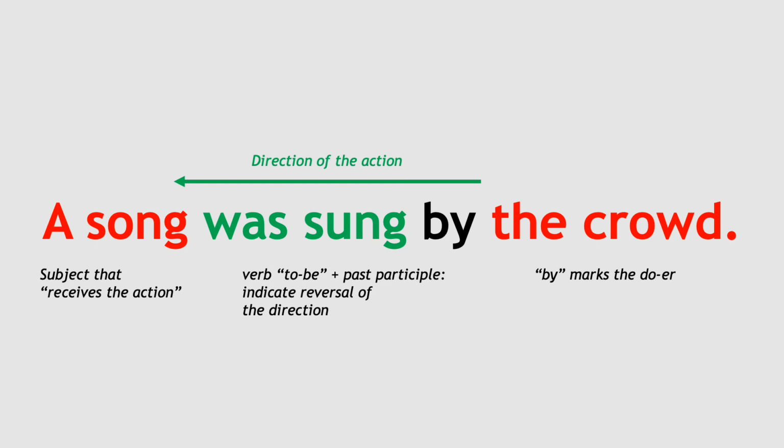In this case, a song will be the subject that receives the action, and the passive verb was sung is used, and then the crowd as the one who does the action. But in this case, it is now in the object position, and the preposition by will clearly mark who does the action.